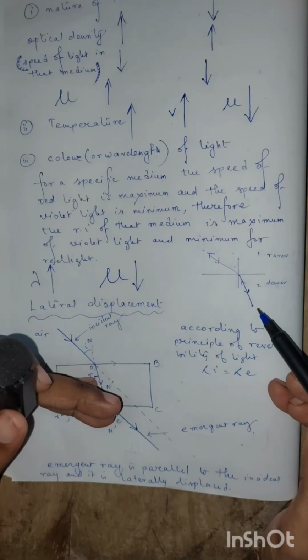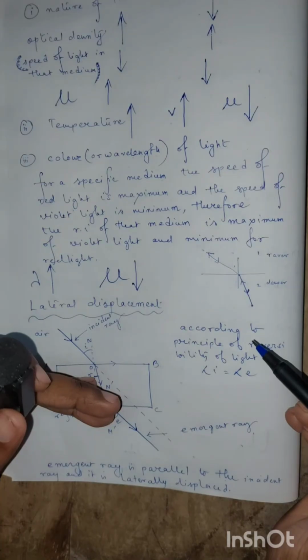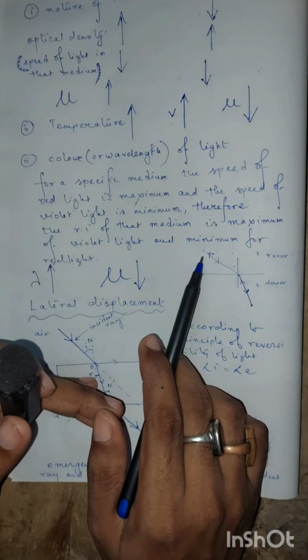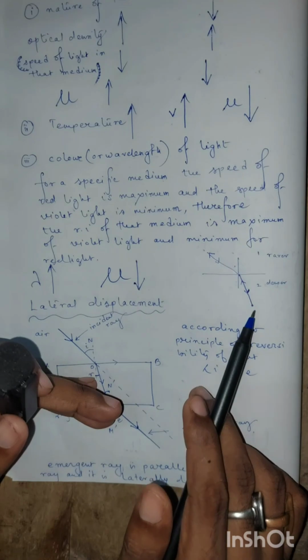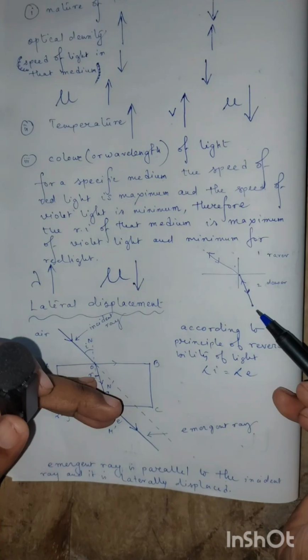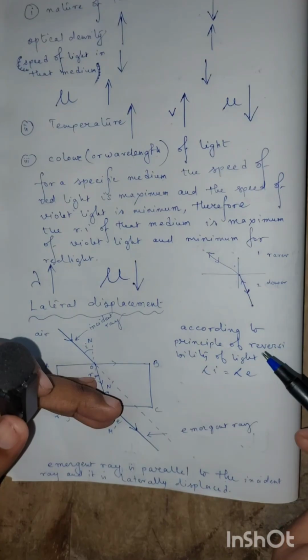Okay, so it does not matter in which direction we are sending the light ray. If we send it from first to second medium, the path followed by it will be exactly same if we send it from second to first medium. Okay, this is what the principle of reversibility of light says.